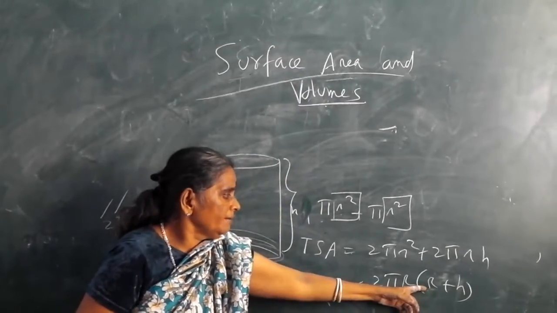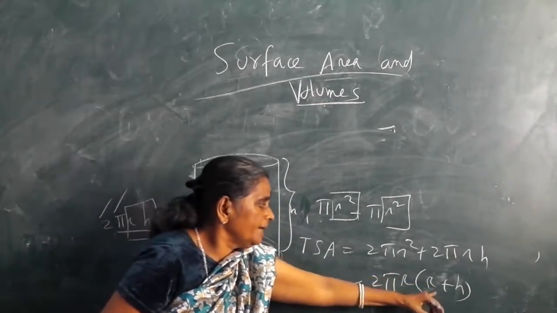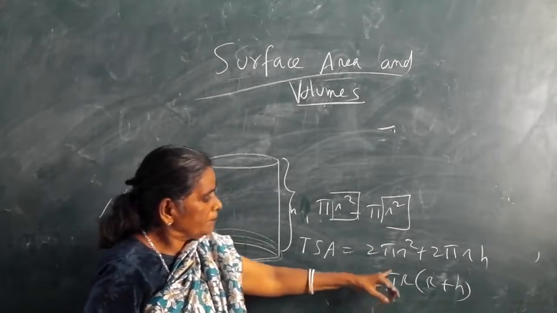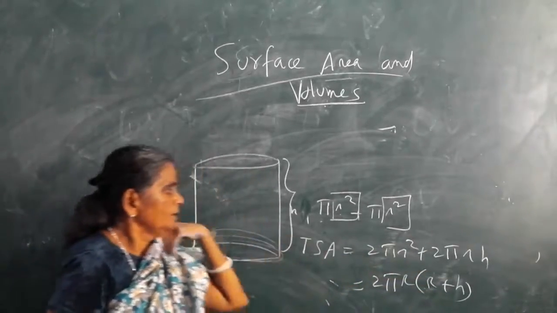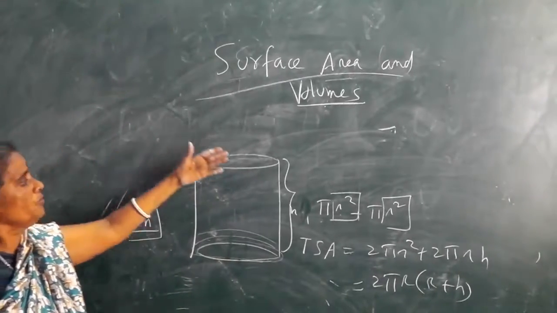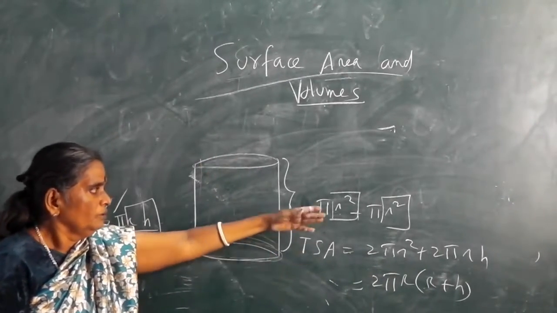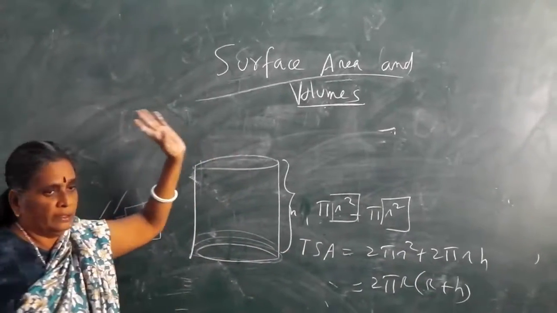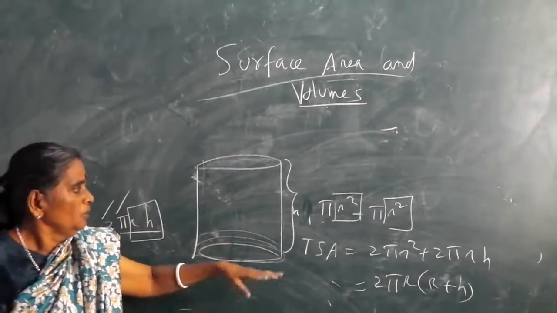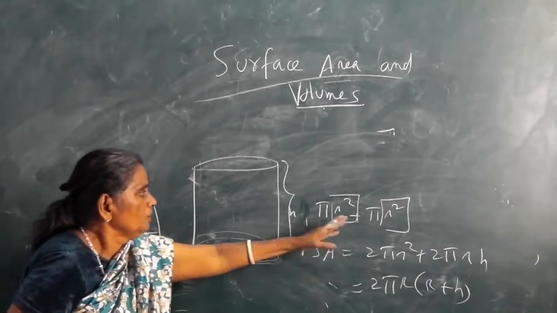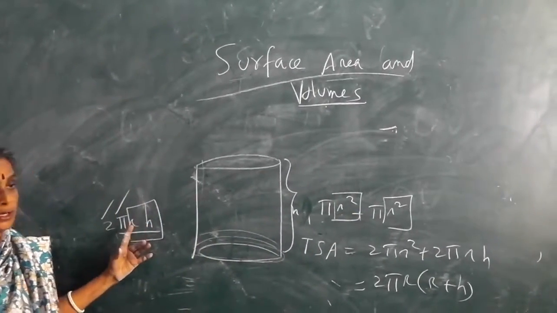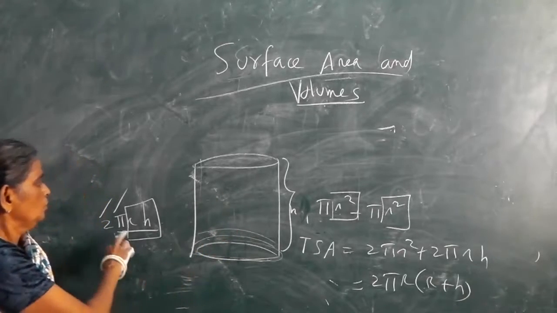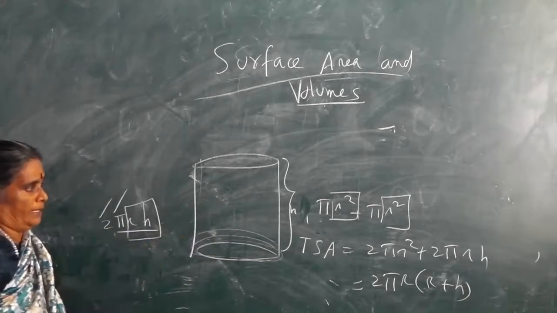This will give you linear, r into this linear will give you square; 2 constant, pi constant, constant multiplied to square will give you square unit. Now, if it is closed only at one end, you leave one pi r square and add the rest. If it is open, like a pipe, in that case you will leave both of these and take only the curved surface. If it has to be painted inside and outside, 2 pi r h plus 2 pi r h.